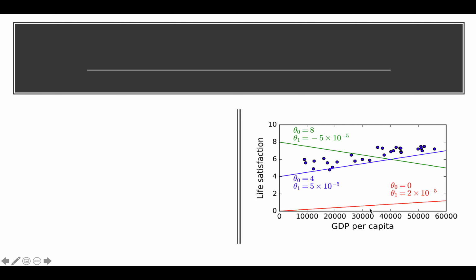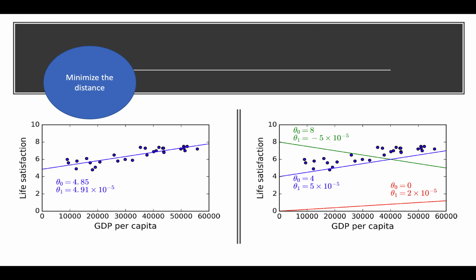They're not even close. But the one where there is not that much distance from the data points is the one that you see on the left. And the objective, as I said, is to minimize the distance.